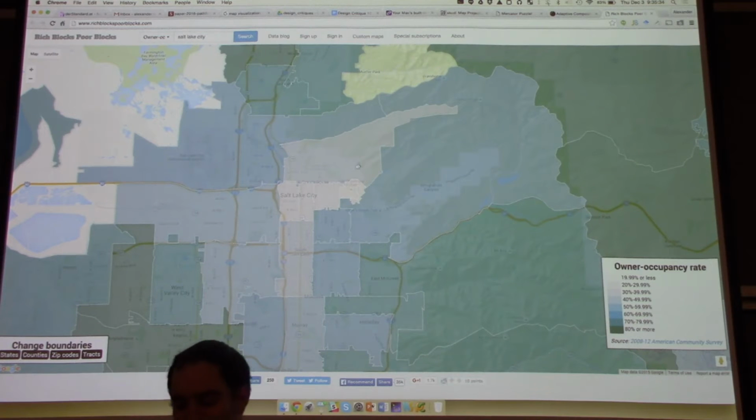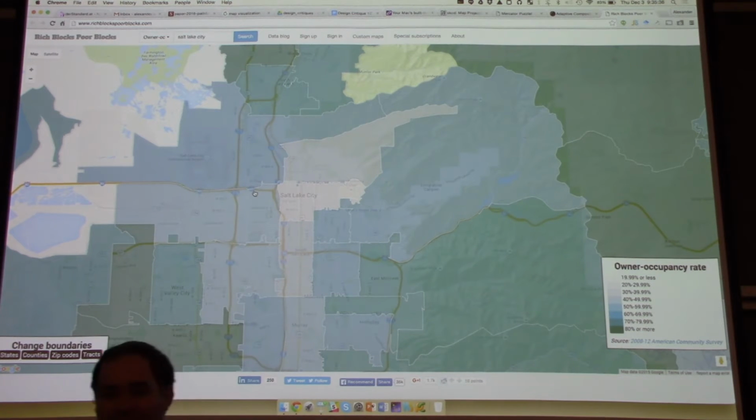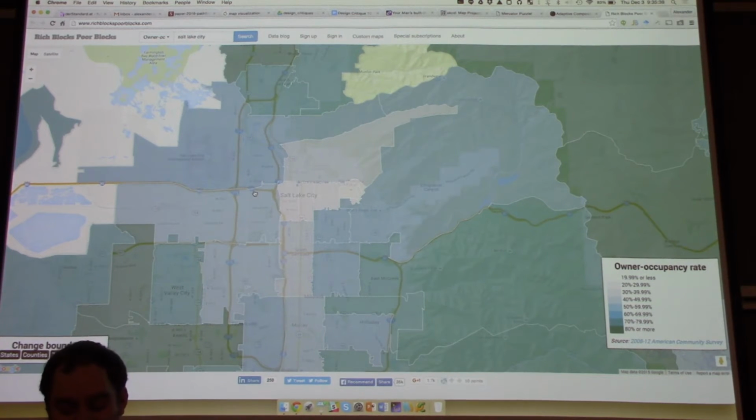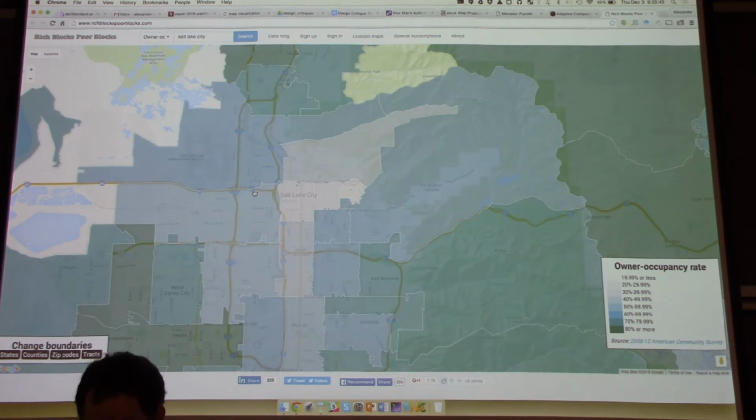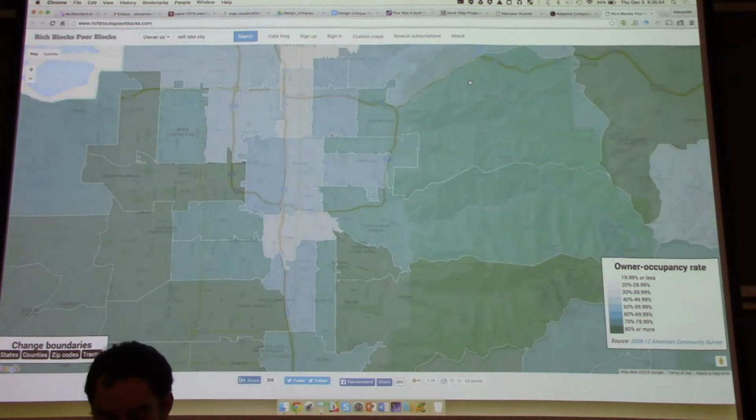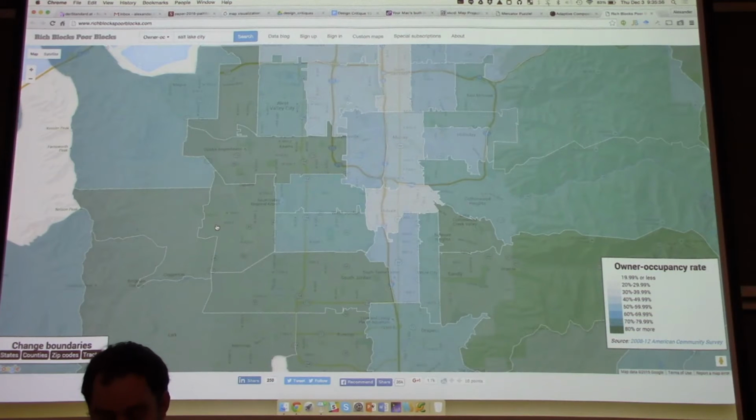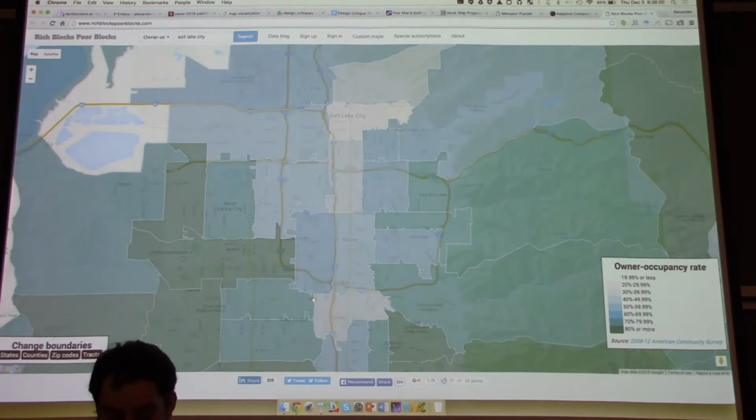So you can see that in the city, owner occupancy rates are lower, which is of course something that you would guess. People tend to rent more in a city. I'm still surprised that it's only like 20% owner occupancy within the city, but yeah. And I can see that in the countryside, we're at 70% or 80% owner occupancy.